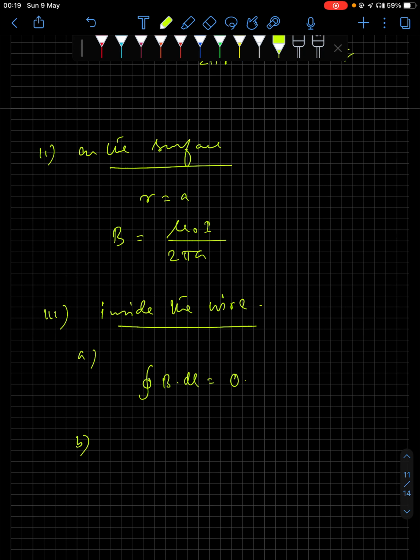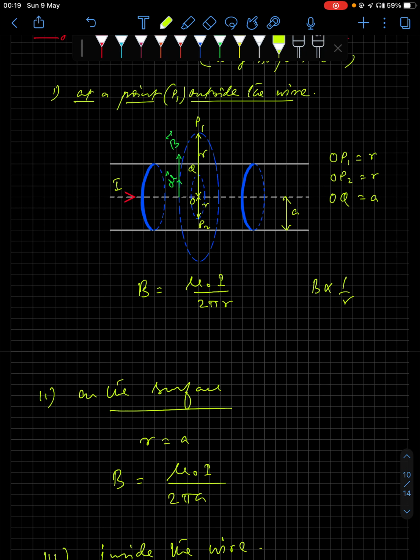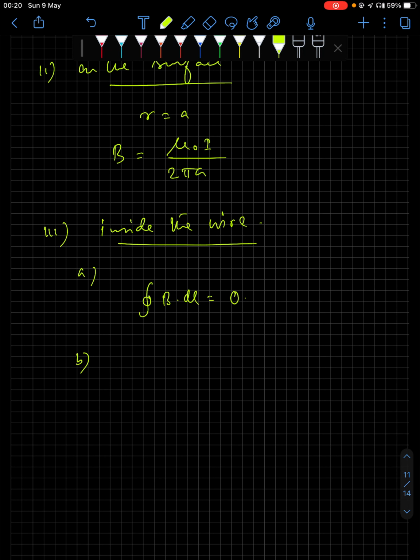So current per unit cross section area multiplied by the cross section of the region concerned. Since we are taking this distance as r, the cross section of this region will be pi r square. So the current passing through this region, I prime, will be equal to I by pi a square into pi r square, and this will give you I r square by a square.